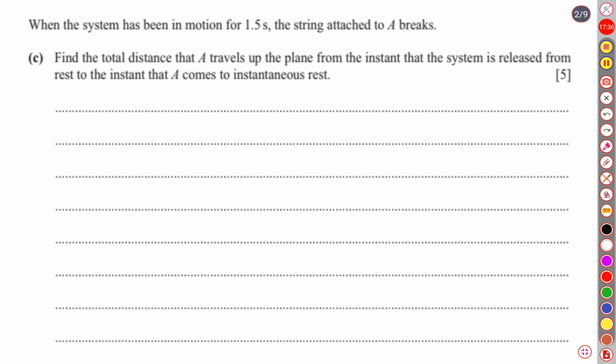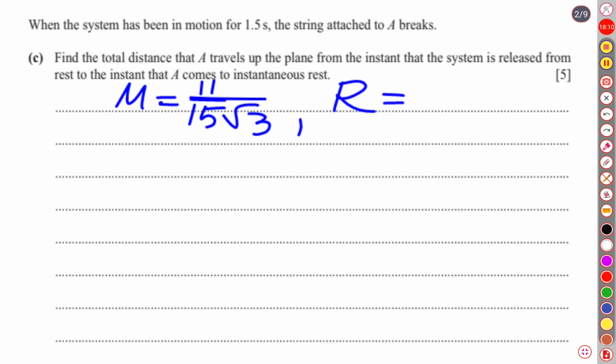Since we skipped the solution to question B, some of the values should be taken from B. The frictional coefficient mu is 11 over 15 root 3. And the normal reaction force R is equal to 15 root 3.